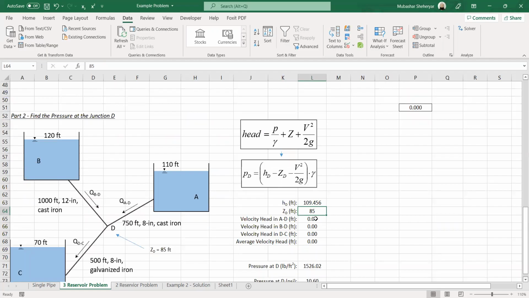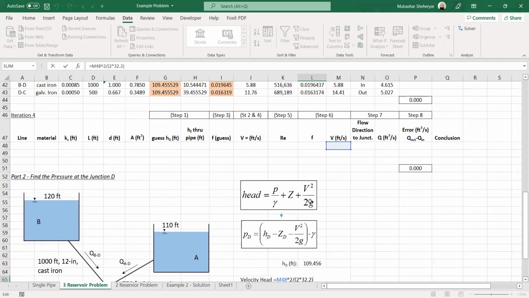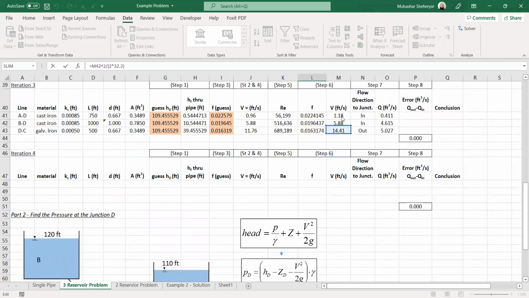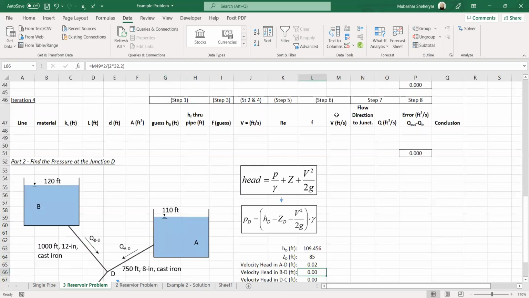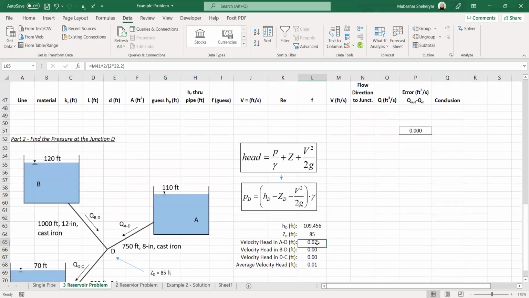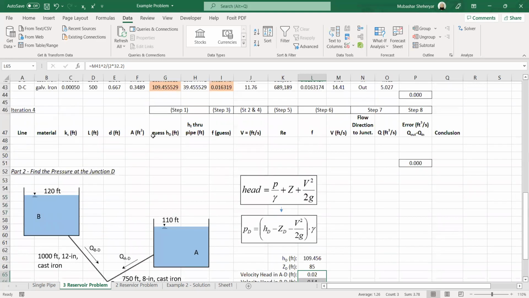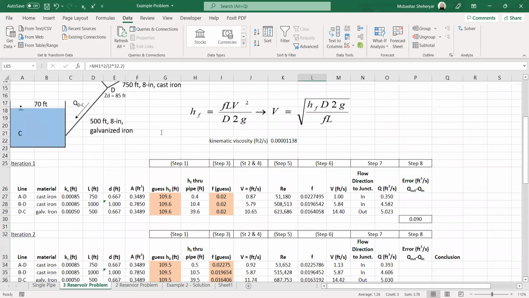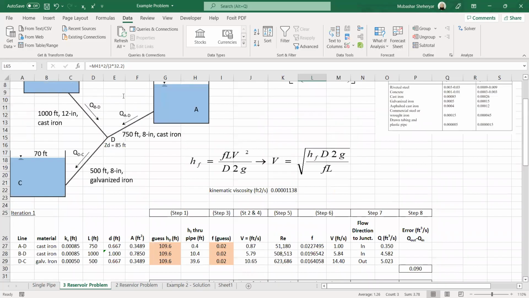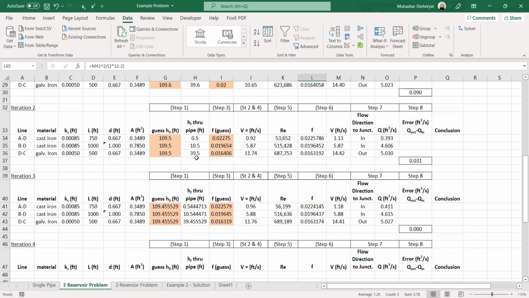Before calculating the pressure at D, we will also calculate the velocity in each pipe and take the average of the velocity head of the water flowing through each pipe. So it has some velocity, and we will take the average of this velocity.